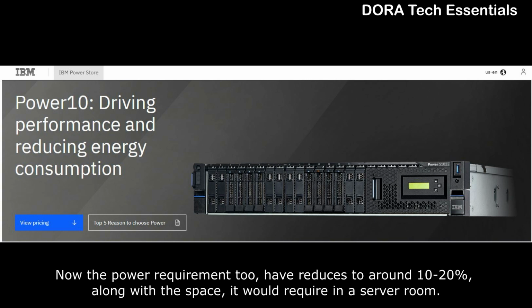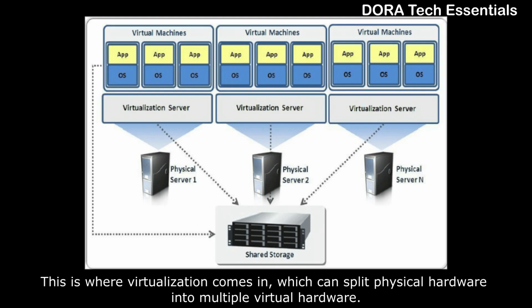Now the power requirement too has reduced to around 10 to 20%, along with the space it would require in a server room. This is where virtualization comes in, which can split physical hardware into multiple virtual hardware.